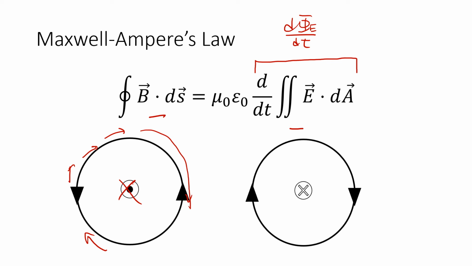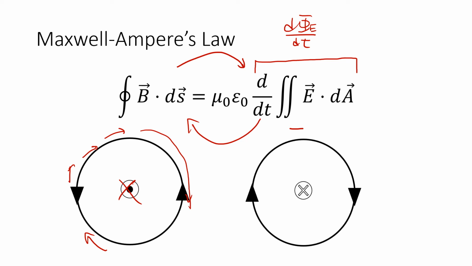And so what that means is that B is also negative. Either you can go, if you have information about B pointing clockwise, then you know that the electric flux is increasing into the page. You can also go from here to here, so you don't know where B points, but you know how flux is increasing.